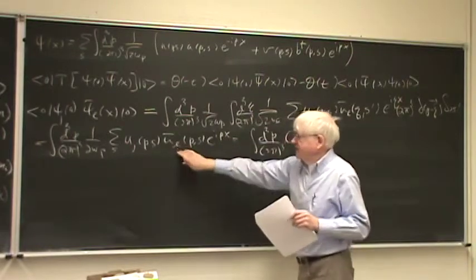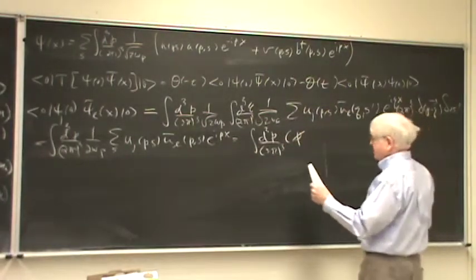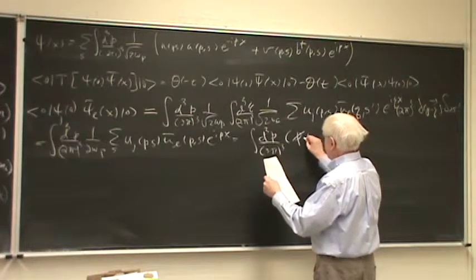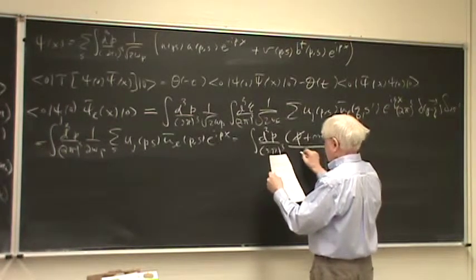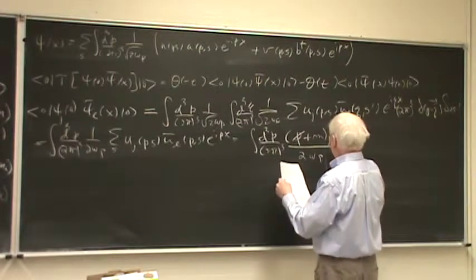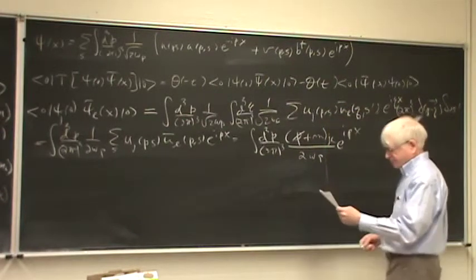This is an identity. The sum over s of the spinors is p slash plus m. The jL matrix element, 2 omega p e to the I px.